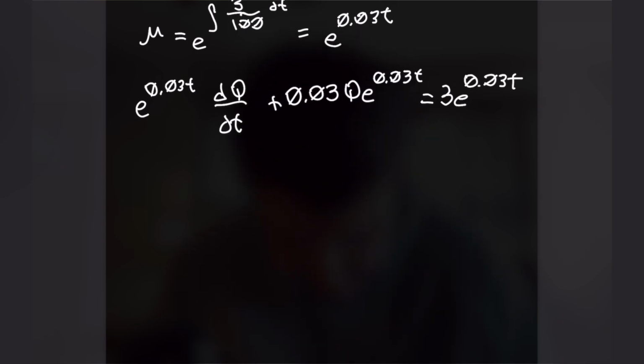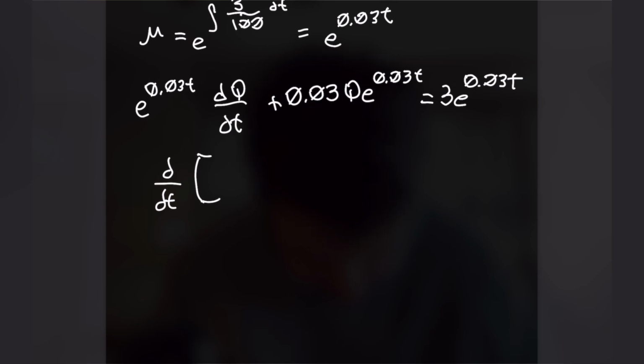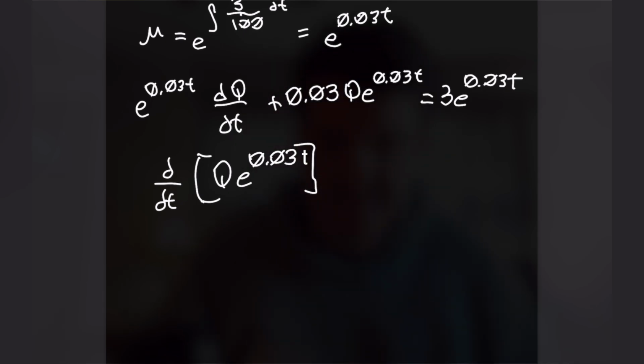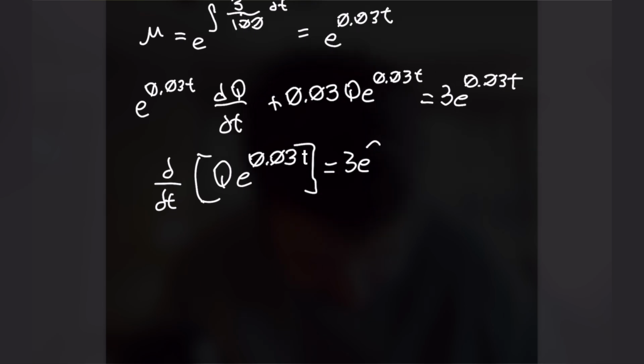We can write this left-hand side as the derivative with respect to t of, let's see, what will we get? We'll get q times e to the 0.03 t. As if you take the derivative of that and use the product rule, you'll get exactly what we have above. And that's still going to be equal to 3e to the 0.03 t.